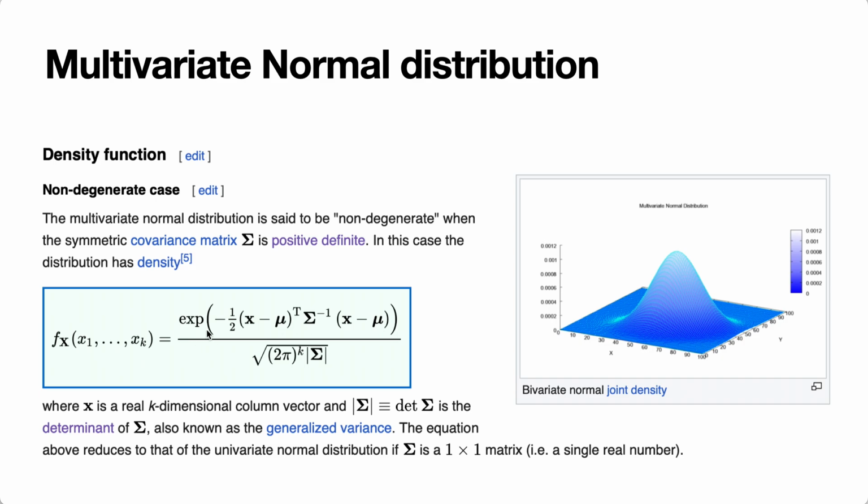So in general, what is the distribution in k dimensions? Well, if we put in a k-dimensional variable here, and we have a k-dimensional mean, where the mean is in x and y and z and whatever else there is, well, we have this k by k matrix that is the covariance matrix.